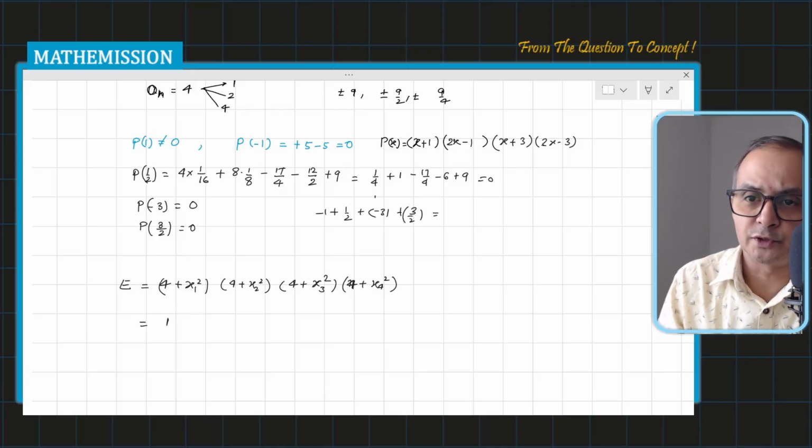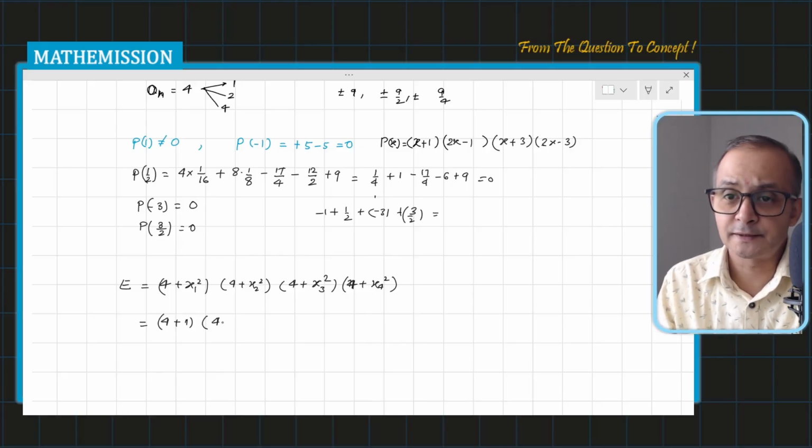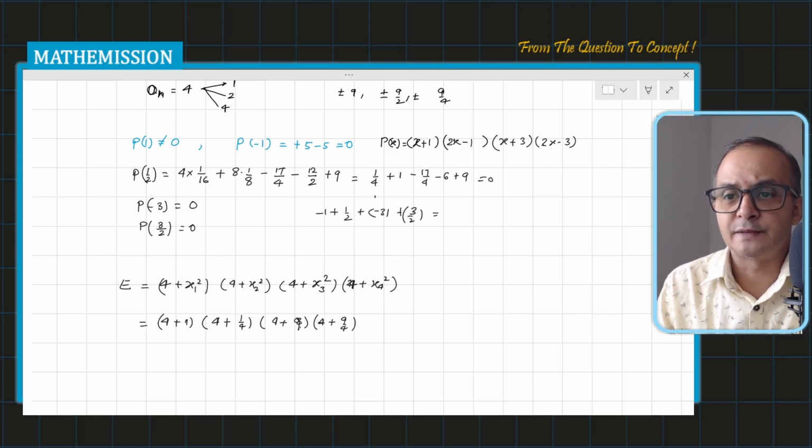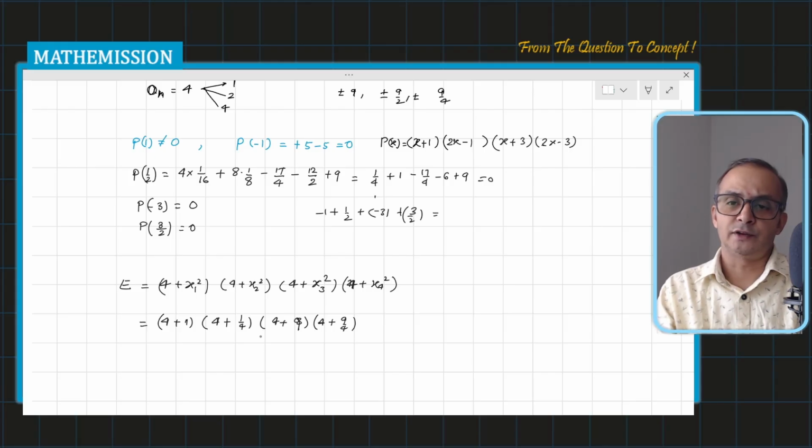So first we substitute minus 1, so it will be 4 plus 1, then 4 plus 1 by 4, then 4 plus 3 squared, that is 9, and finally 4 plus 9 by 4. And we simplify and calculate.